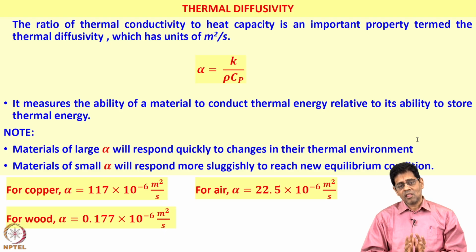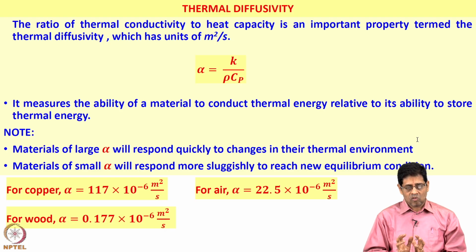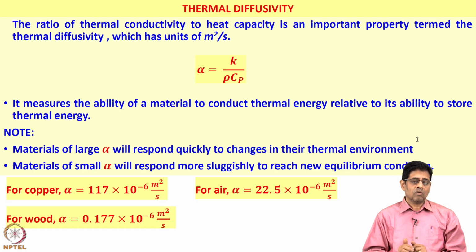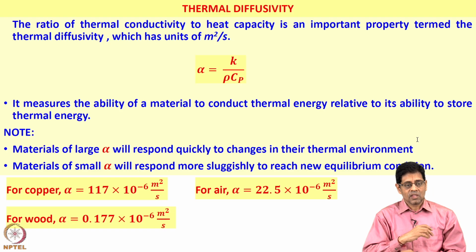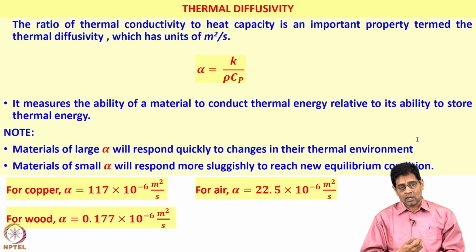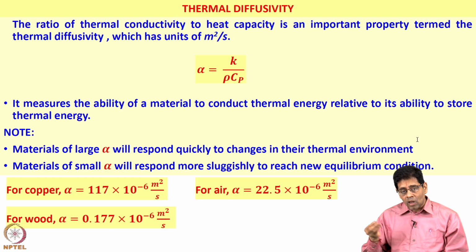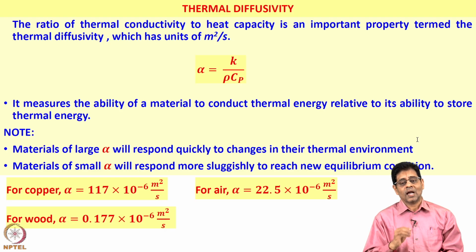So, K represents the conduction aspect, and rho Cp is essentially like the mass times specific heat kind of term, the ability to store thermal energy. Substances or materials which have a large alpha, or thermal diffusivity, will respond very quickly to changes in the thermal environment, whereas those materials with smaller values of alpha will be more sluggish to reach a new equilibrium condition.